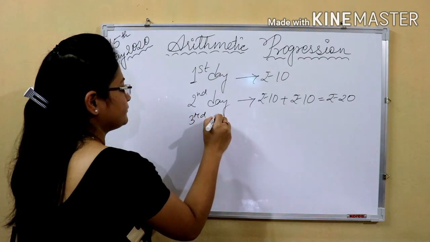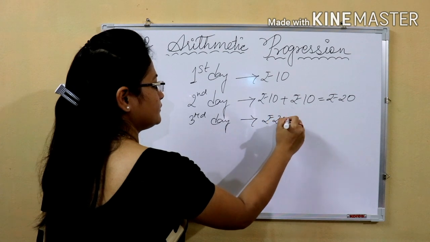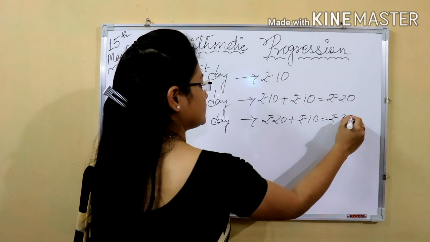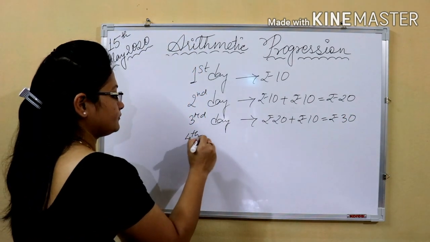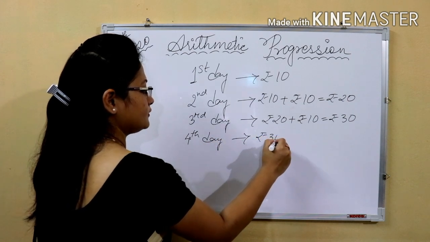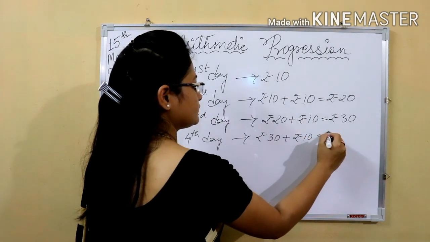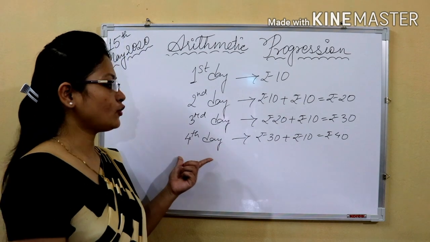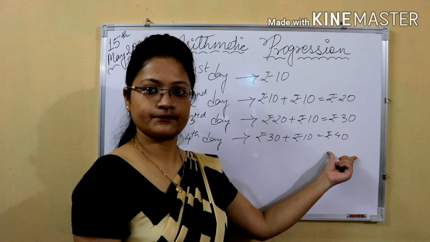Third day, ₹20 plus ₹10, which will be ₹30. Fourth day, ₹30 plus ₹10 equals ₹40. That means till the fourth day, he has 40 rupees with him.